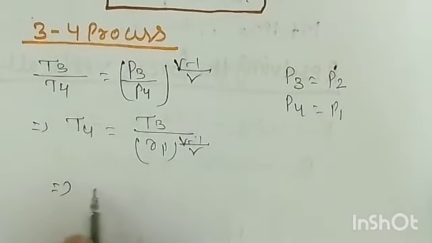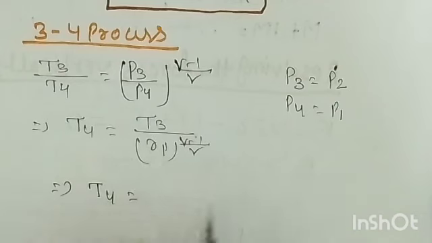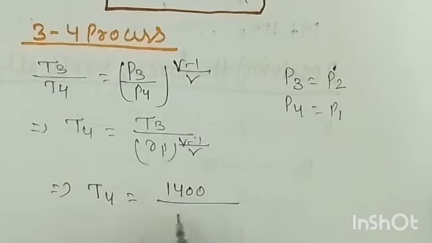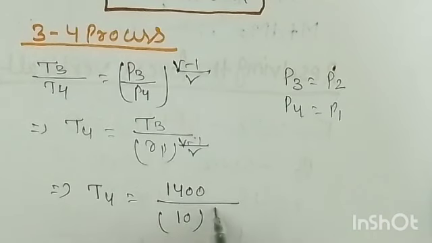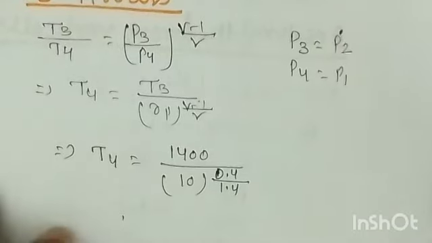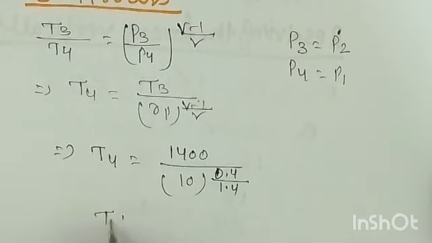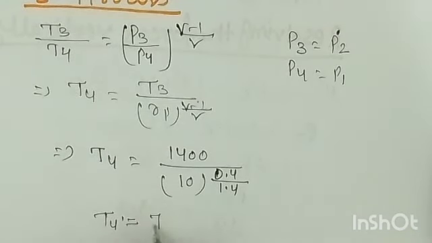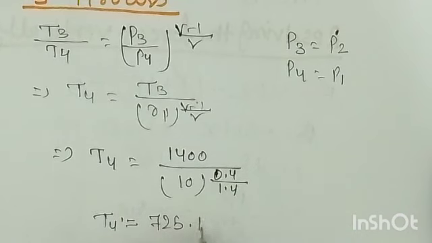Now you can say T4 is equal to T3, which is given as 1400 Kelvin, by Rp, which is 10, to the power of 0.4 by 1.4, since the adiabatic constant is 1.4 and 1.4 minus 1 is 0.4. So after calculation we get the isentropic temperature at the end of the expansion as 725.12 Kelvin.